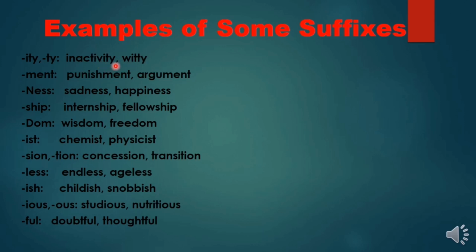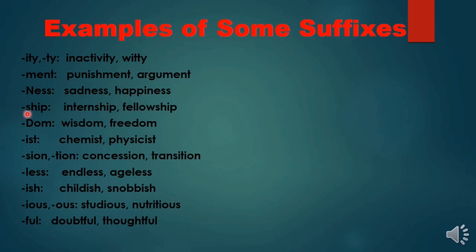You can see in the first example ity is added, and with the basic word or root word wit, ty is added. Now the next one, ment. The examples are punishment, argument. After that, by adding ness, the examples are sadness, happiness.